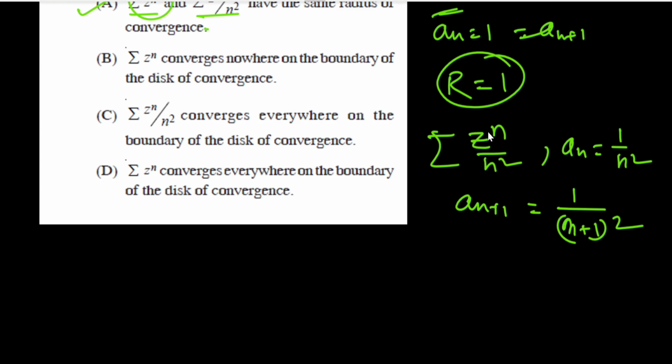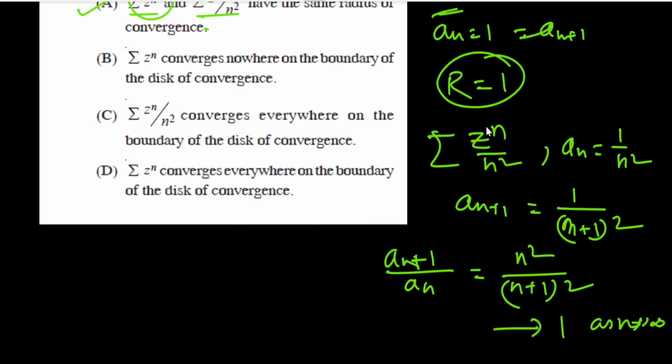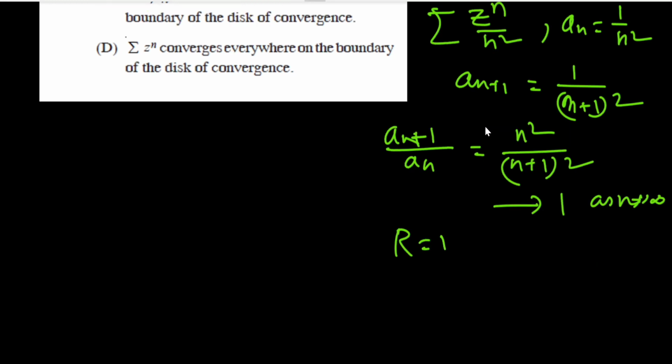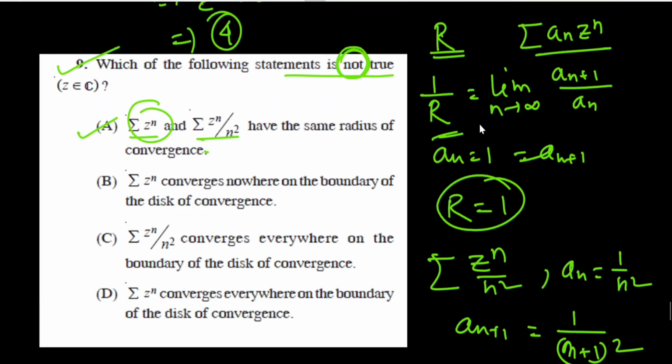This gives a(n plus 1) by a(n) equal to n square by (n plus 1) whole square, which tends to 1 as n tends to infinity. This is the limit. Therefore here also r equal to 1. So this is a correct statement, and since we have to find the not correct option, this is a false option.